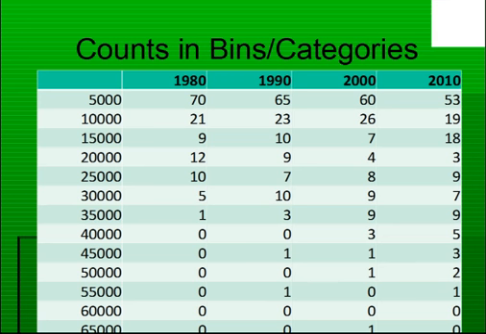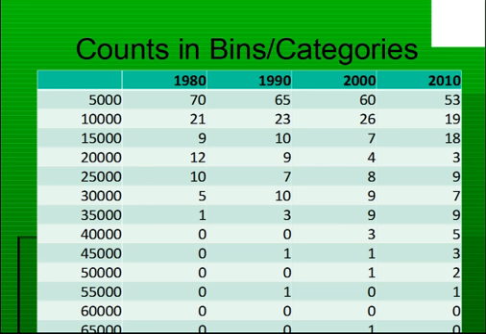So the trick is to create categories by making what are called bins. We consider all incomes between 0 and 5,000 to be one category, and then between 5,000 and 10,000 to be the second category, and then between 10,000 and 15,000, and so on.